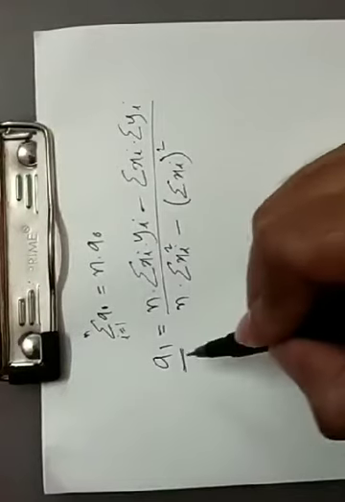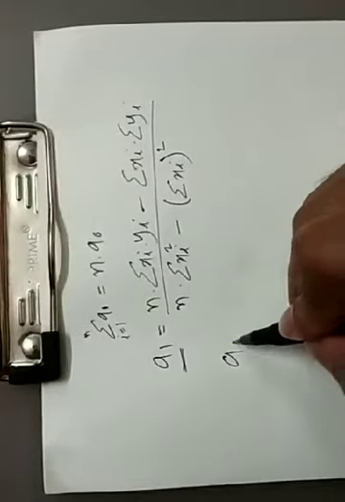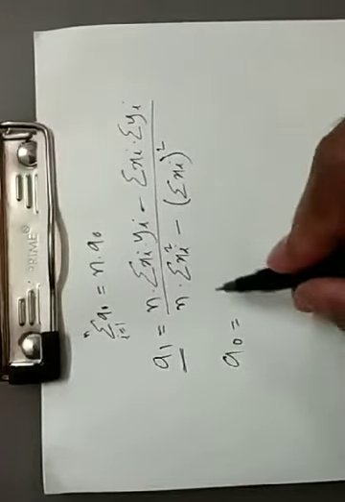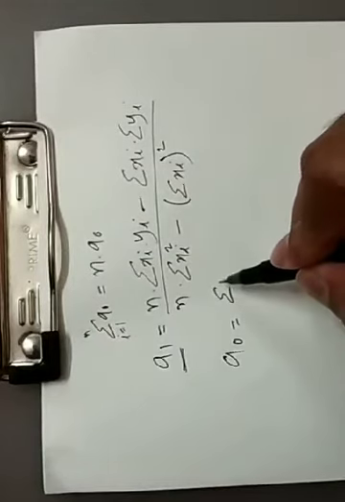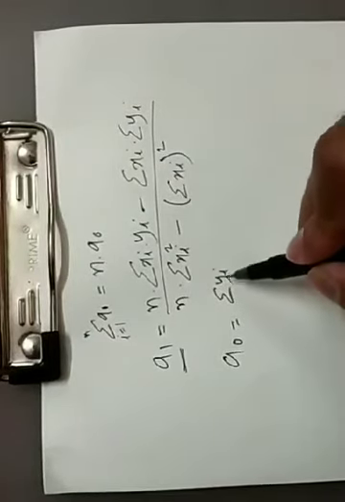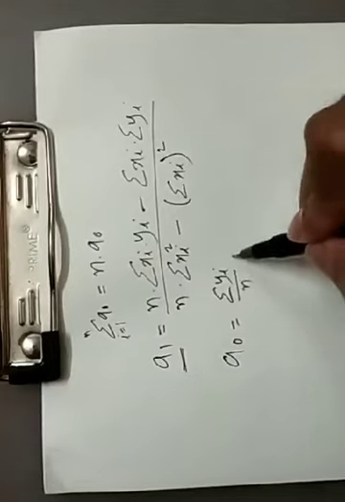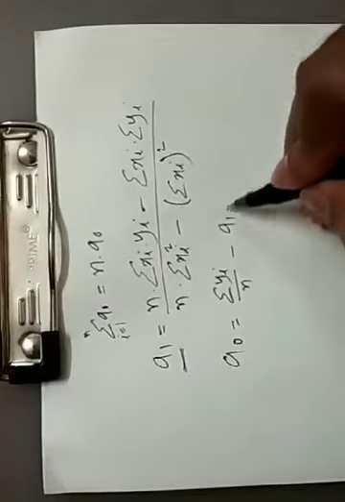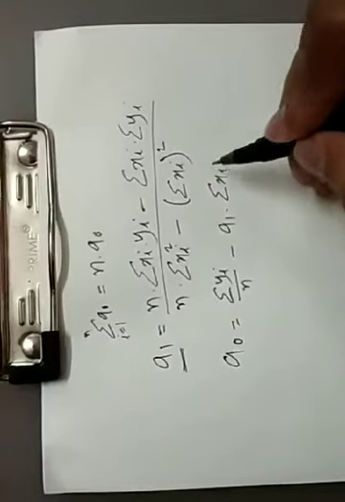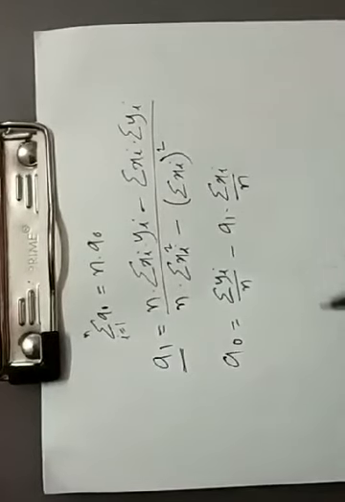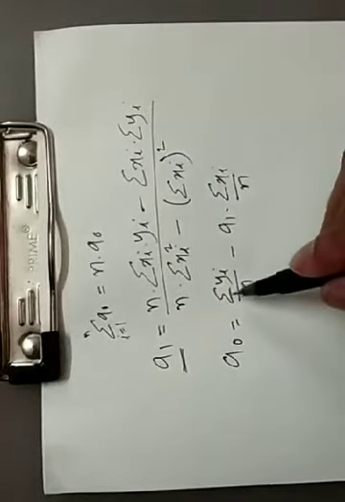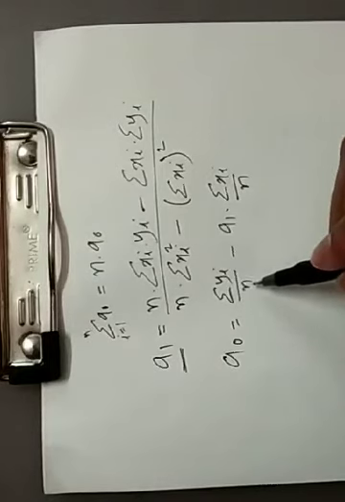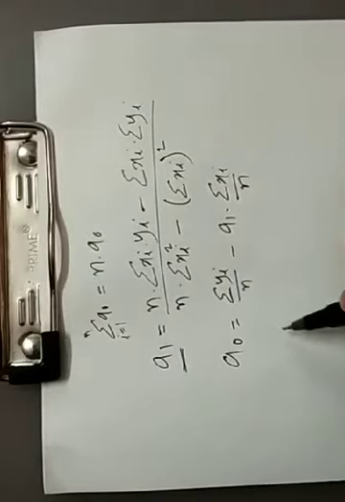So we got a1. a0 is equal to summation yi upon n minus a1 into summation xi upon n. Now this summation yi upon n is nothing but the mean.